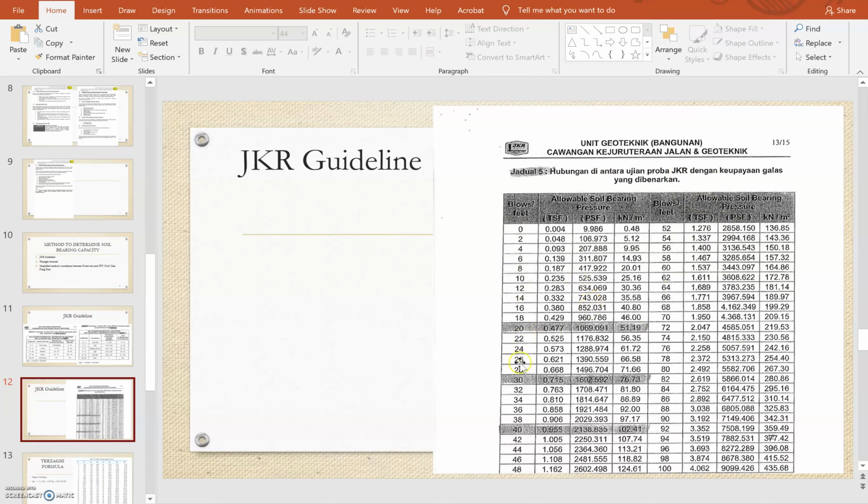They give you the number of blows, and then the reference value for your safe bearing capacity. For example, here the highlighted value 20, you will get 51.19 kilonewton per meter square.